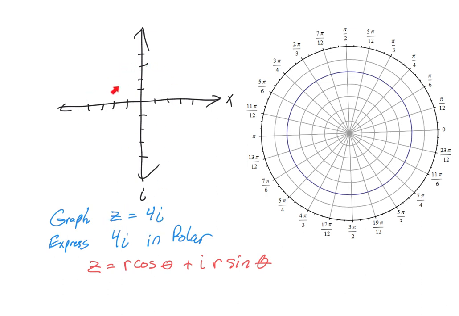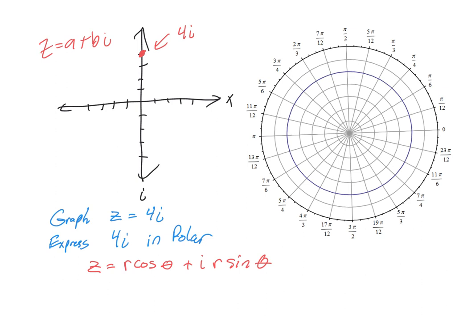Where is that point? Because z equals a plus bi, the a is 0, so my x-coordinate is 0. So it's 0 plus 4i, which means I'm 0 in the x direction, 4i, so that point right there is 4i.